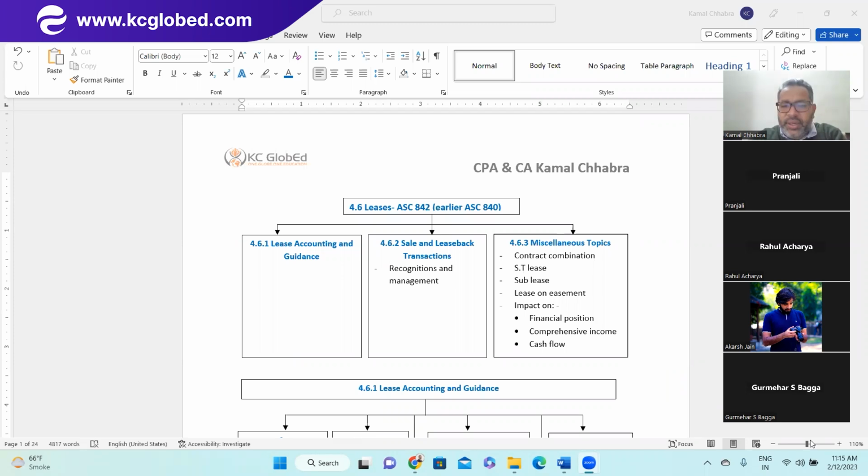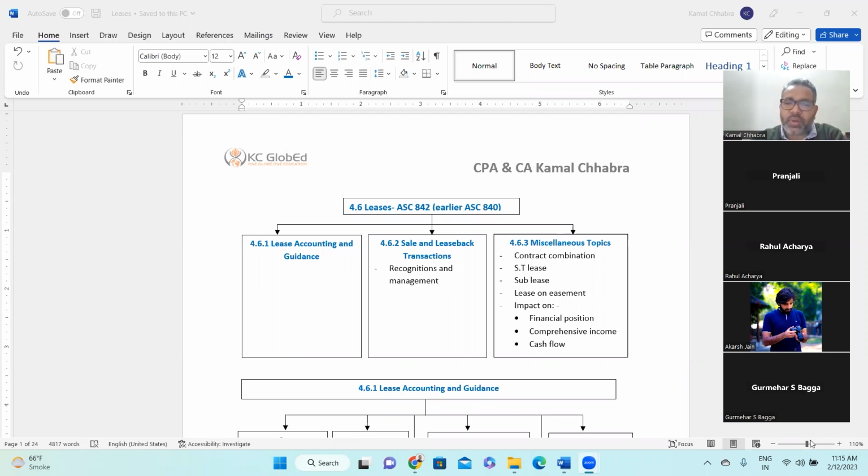ASC 842 is primarily and only for lease accounting, lease of property, plant and equipment. If there is any other thing on lease other than property, plant and equipment, that should not be part of ASC 842. For that, there would be a specific accounting standard codification. So what we need to consider in ASC 842 is property, plant and equipment in the leasing arrangement, right?